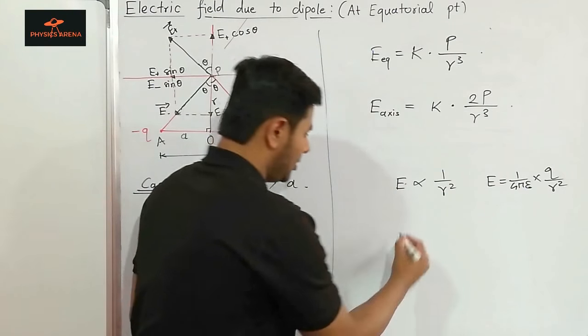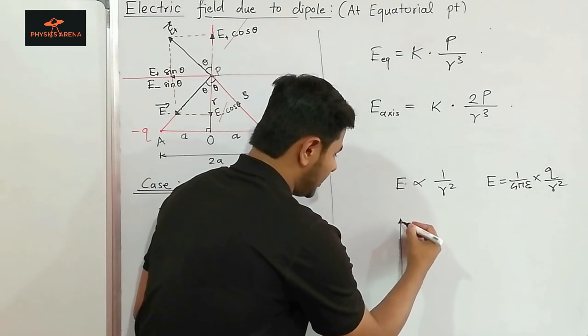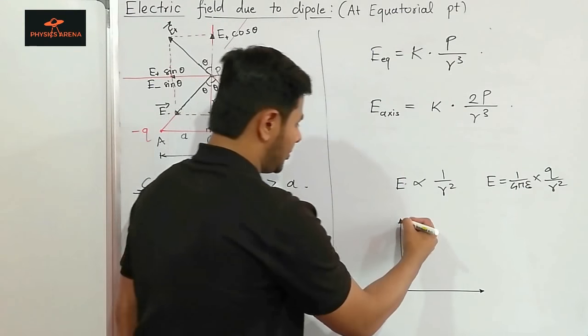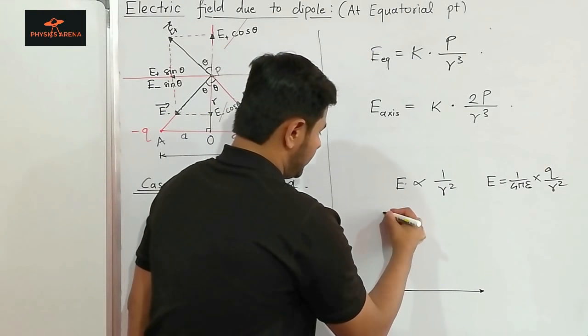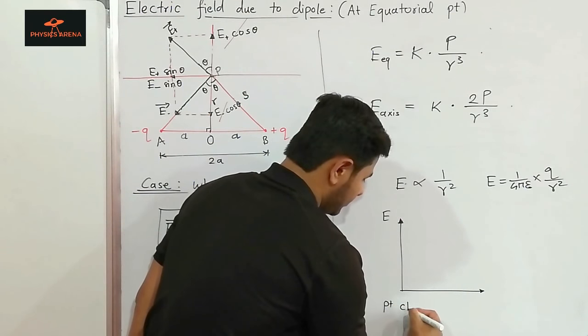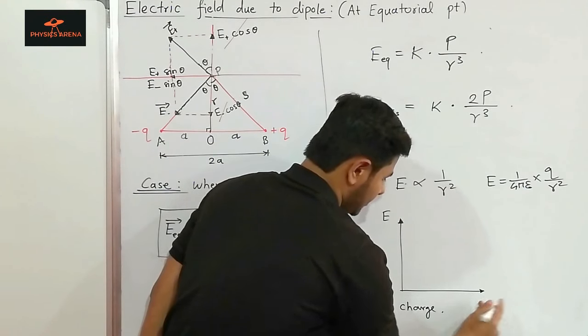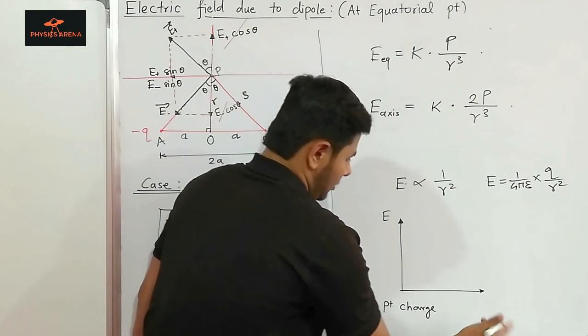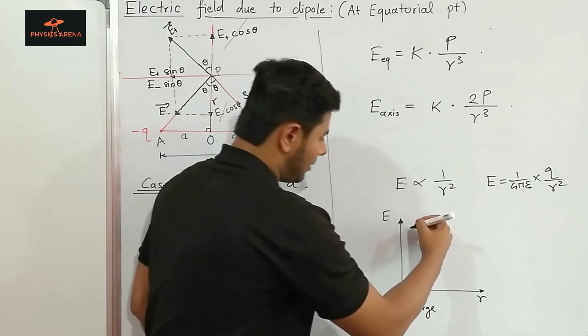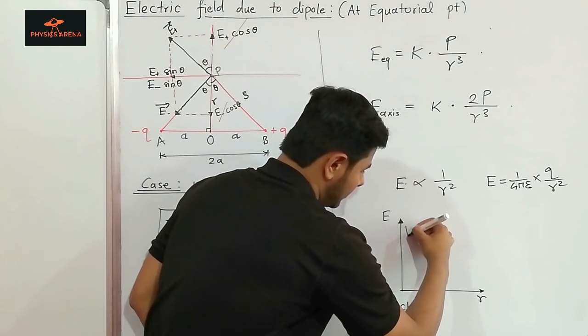And you can draw the electric field. You can represent it pictorially. So for the electric field due to a point charge, we are drawing the E versus r graph. So the graph will be something like this.